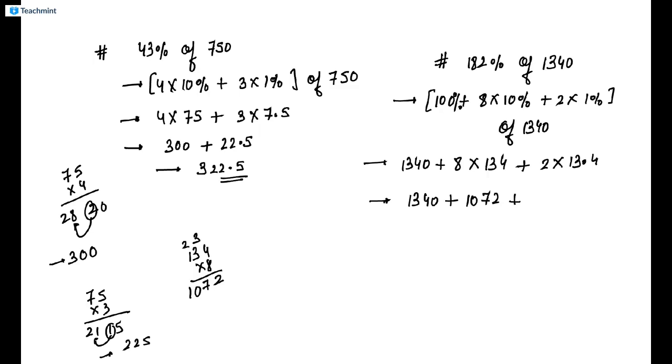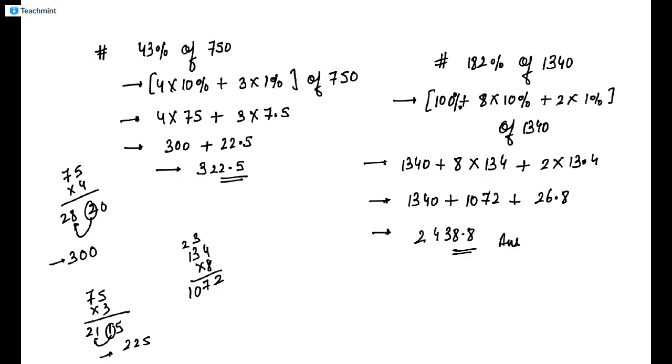If you do the twice multiplication, it is 26.8. So if you add, what are you getting? Do this. Do this beta. Just add. I did speed mathematics in class. Yeah. So this is 2438.8. Hope everyone is getting my point, right?